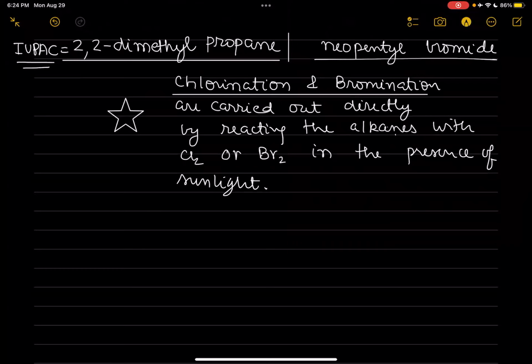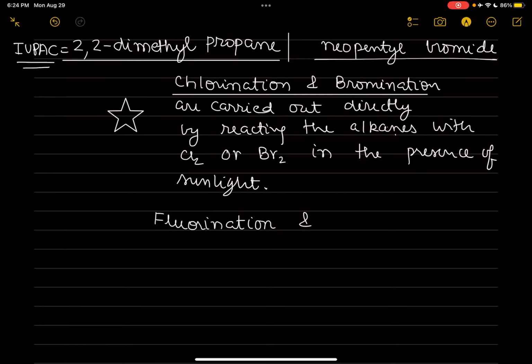Why can't we do fluorination or iodination directly? Somewhat there is some problem with fluorination and iodination.